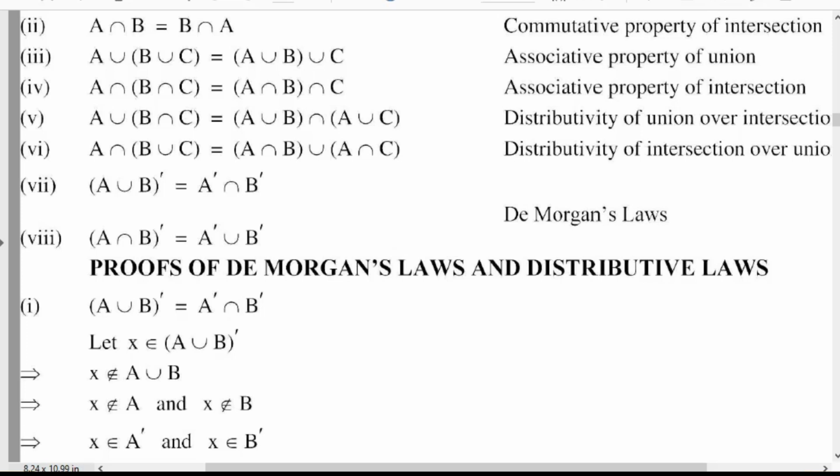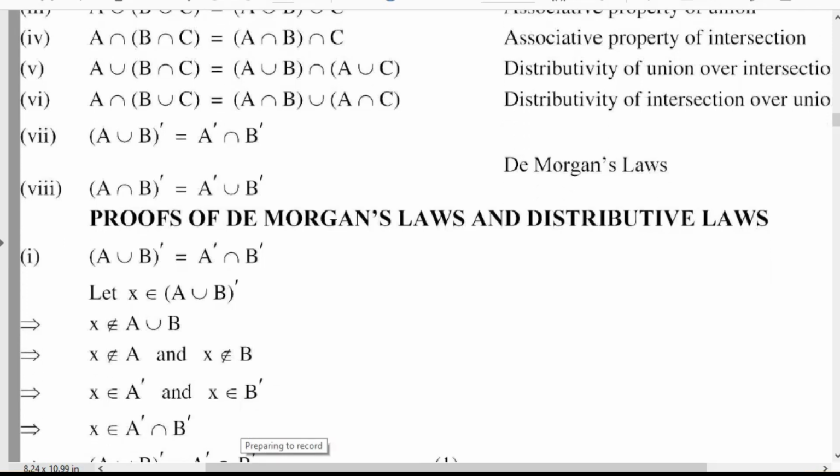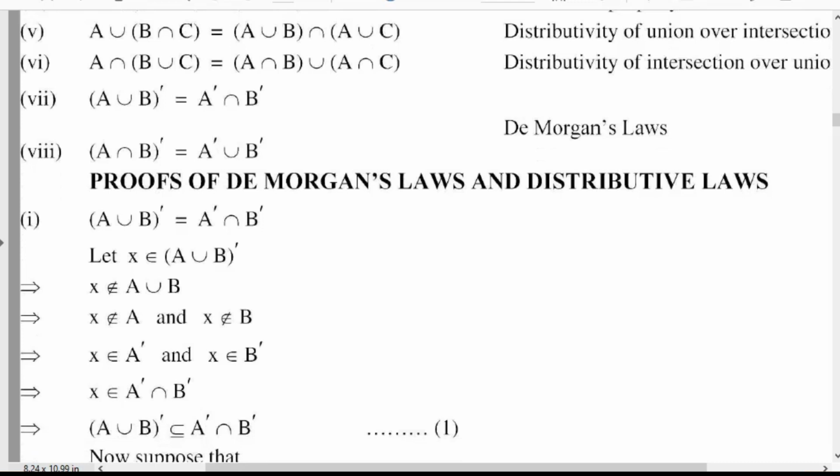So X does not belong to A union B, so X does not belong to A and X does not belong to B. So X belongs to A complement and X belongs to B complement. Next, X belongs to A complement intersection B complement. So (A union B) whole complement is a subset of A complement intersection B complement, that is equation number 1.